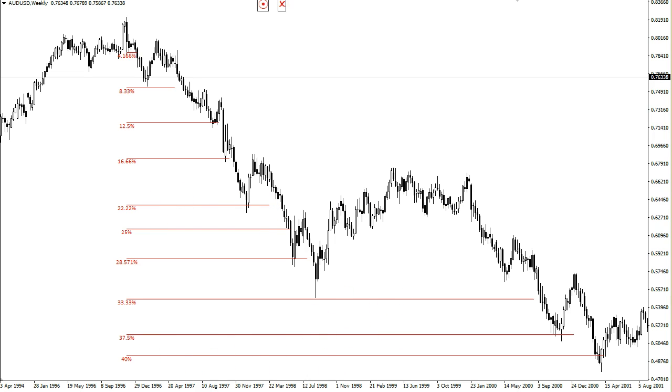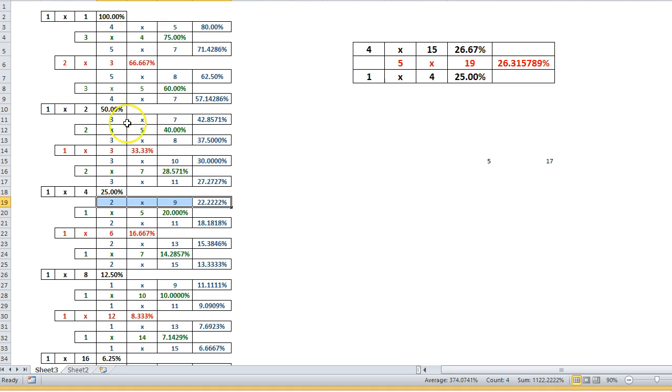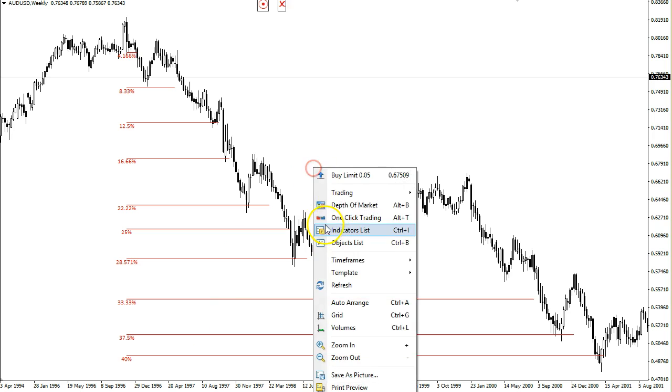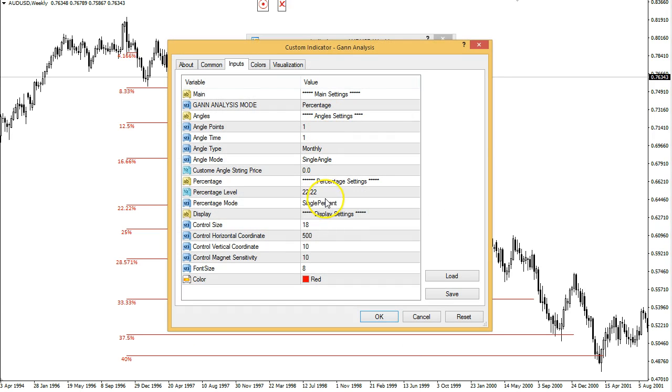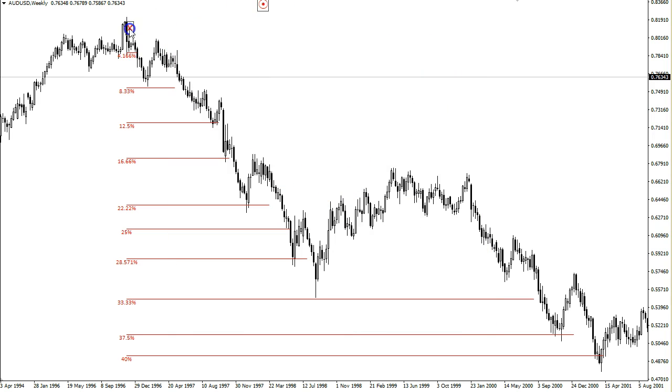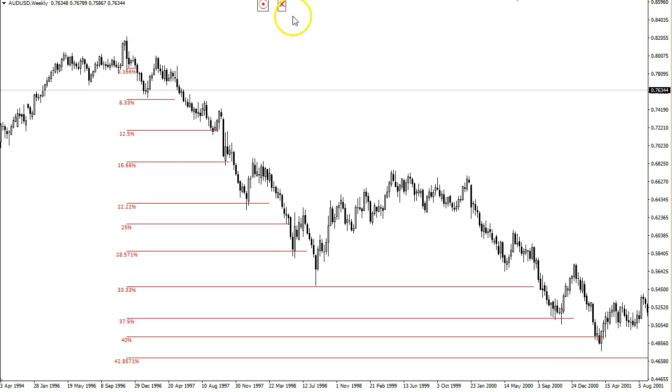So the level after the 40% is 42.8571. We can see that we did not reach it.